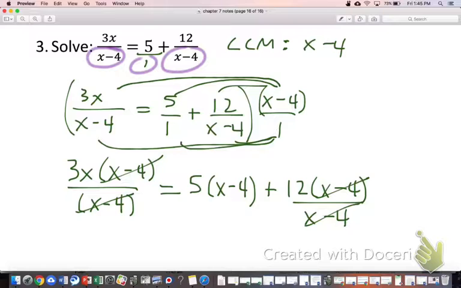Okay. We doing all right? Wait. Okay. Yeah. I hear your wait, Sarah, but I'm kind of waiting to hear what your wait is all about. I messed it up. I thought the denominators were 1. Well, Sarah, check this out. When I multiplied 1 times x minus 4, wouldn't I just get x minus 4? Yeah.